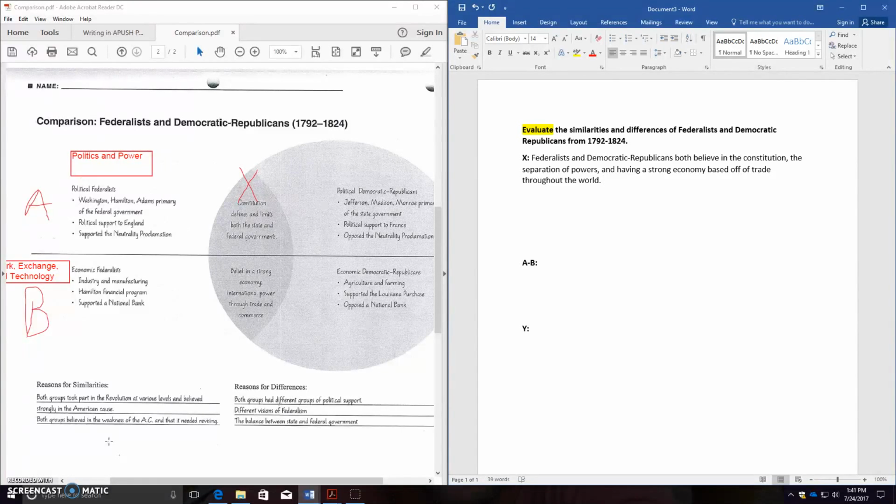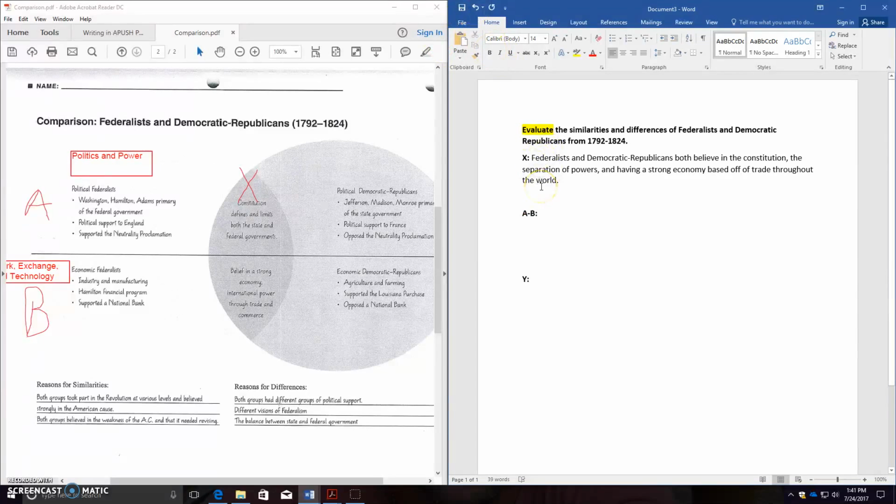So again, your X statement, nothing fancy. You just simply state it. Okay, your argument is going to come through your AB statement.